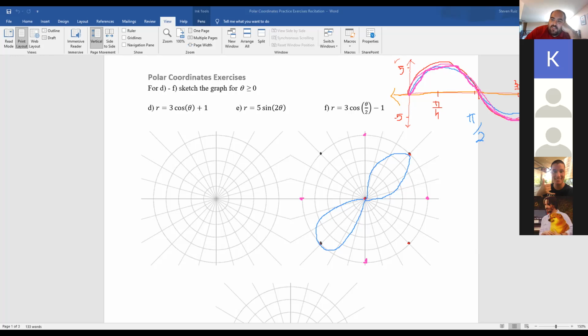Think about what this graph would look like if we carried it from pi to 2 pi as well. So I see one curve we've drawn, but it's not capturing all the points that are there. Now it does.